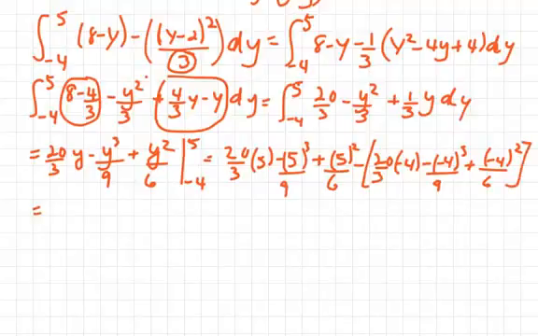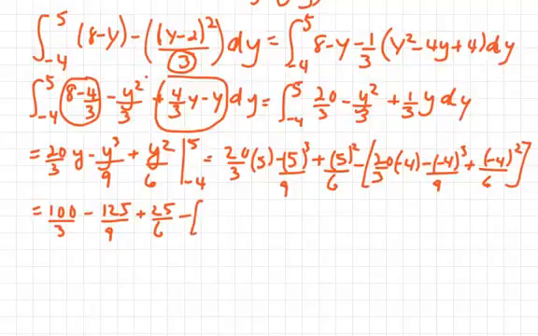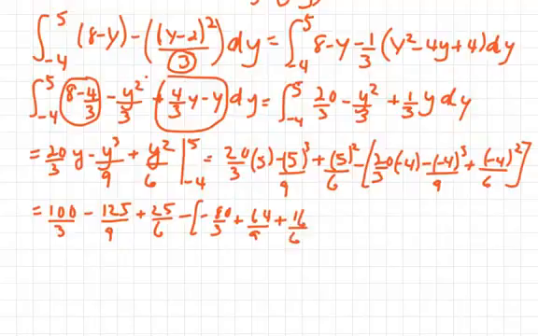Okay, so we've got some nasty fractions to just combine, but it's really nothing other than pure arithmetic here. And all I'm going to do is combine fractions and make sure I keep my sign straight. So this is minus 80/3, this is plus 64 over 9 plus 16 over 6. So if I did this correctly, a negative and a negative makes a positive, so this is 180/3.